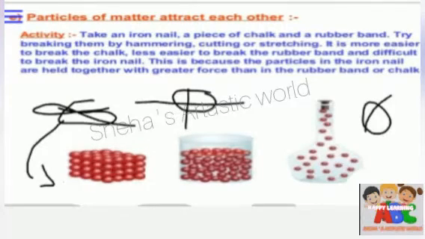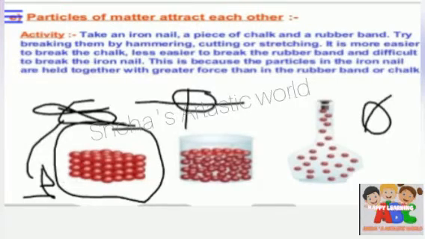You cannot break the iron nail. You can try it; it converts by malleability, which means it converts into a sheet, but it doesn't break, which means the particles of solid are very strongly attracted to each other.